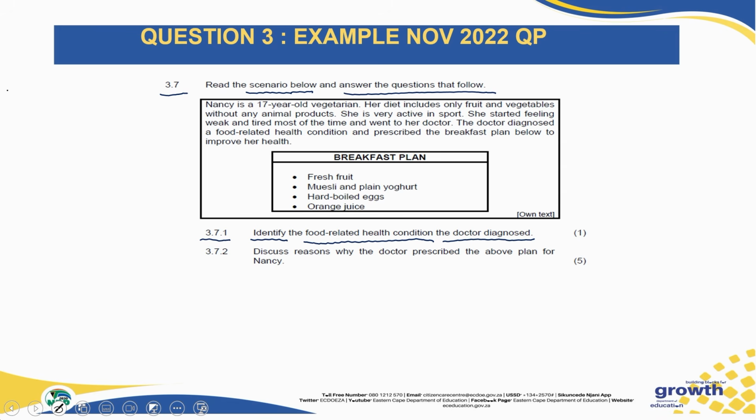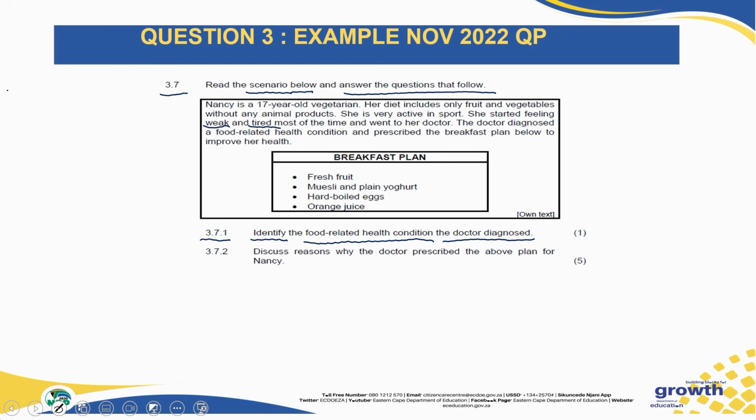So when you identify the condition, you must be in knowledge of the causes. For example, here, it has been stated that Nancy is feeling weak and tired. Therefore, when you link the symptoms that Nancy is having, Nancy is anemic.